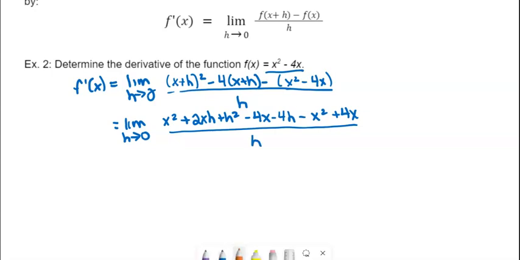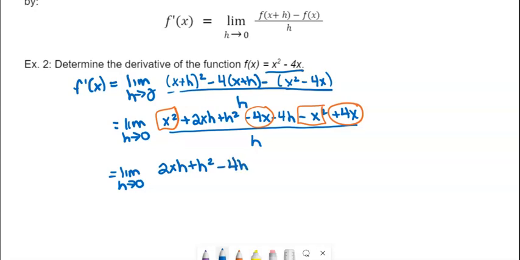I'm going to look for like terms. I have an x squared, a minus x squared. I have a negative 4x, positive 4x. So those will cancel out. I can write it again: 2xh plus h squared minus 4h, all divided by h.